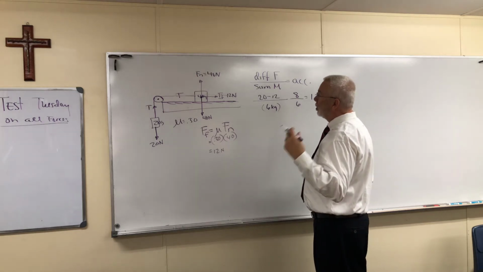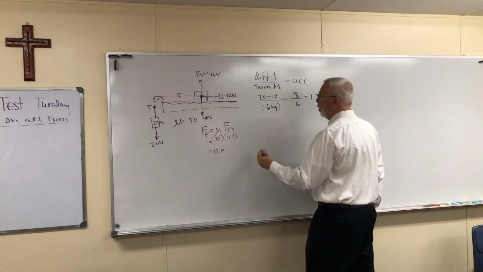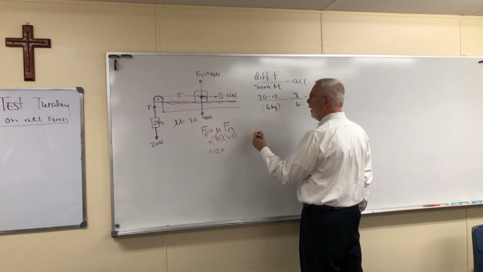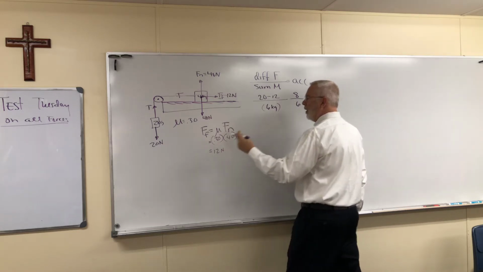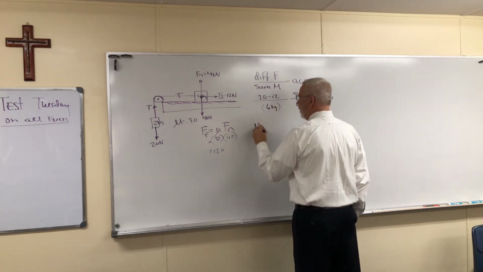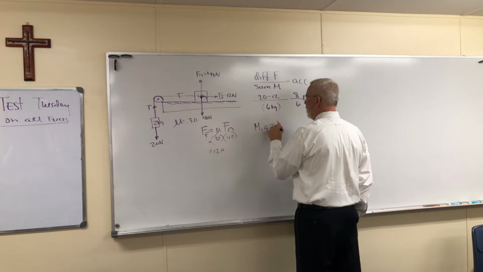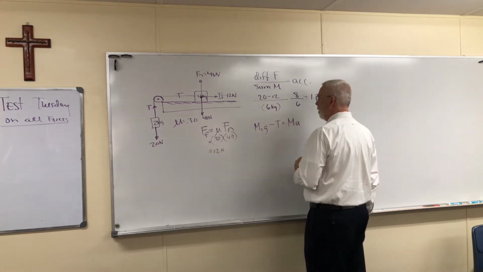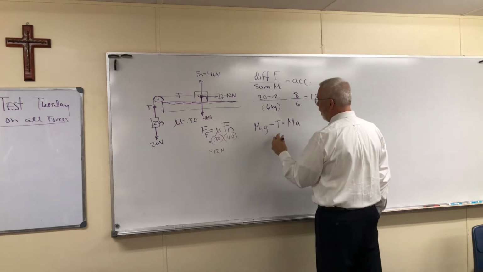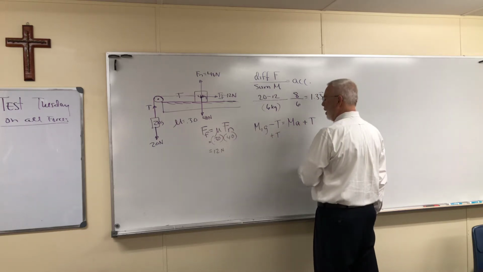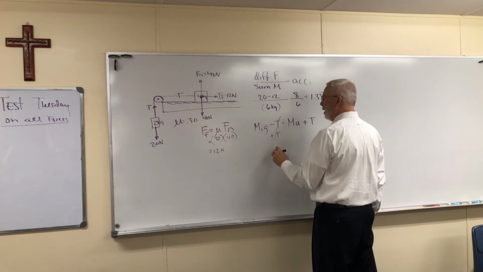Now, to solve for the tension, you'll remember that I think it'll be easier if we use this one, where it said capital M1 G minus T equals capital M A. So if I add T to both sides, then this one cancels.